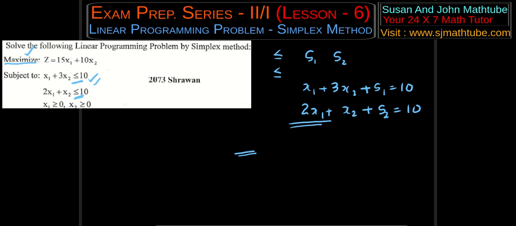And now what should we do with the optimal function? Yeah, you're right. We have to take everything to the left hand side. So we get minus 15x1 minus 10x2 plus z equal to 0.